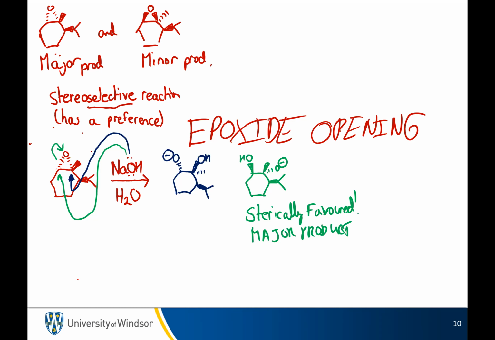What we went with was that in this case, the green was the major product because it was the more accessible carbon to get to. And the reason that matters is because there is no net charge on that epoxide. Okay.